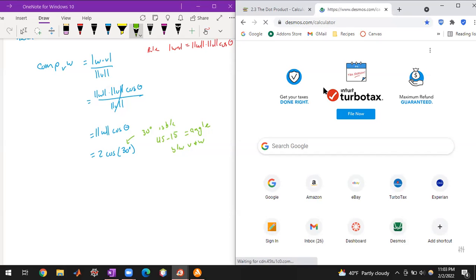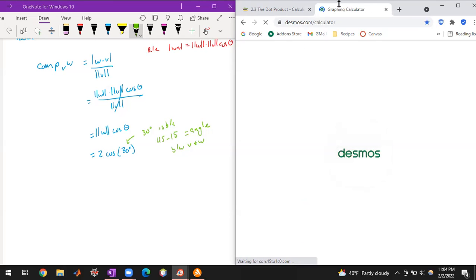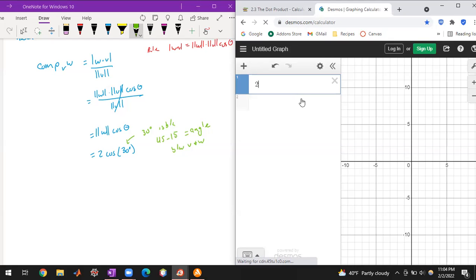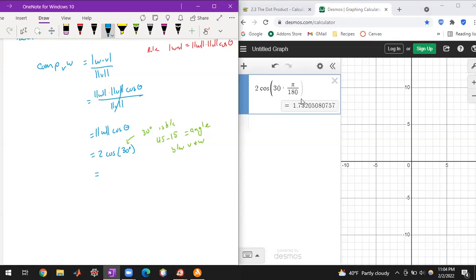Cosine of 30 is not a nice one. We want to make sure that we are converting. Okay. So our final answer, rounded to 2 decimal places, as it suggested, is 1.73. Just recall, this is representing just the effect of the current.